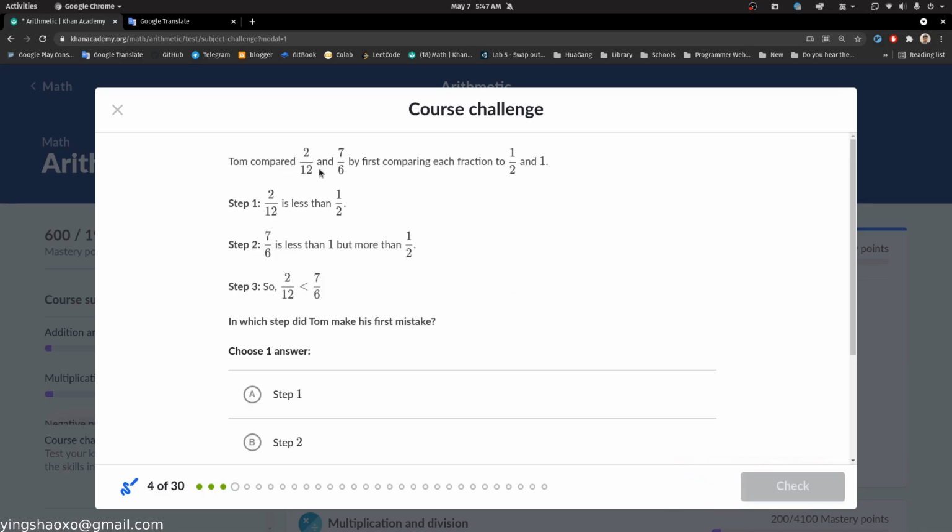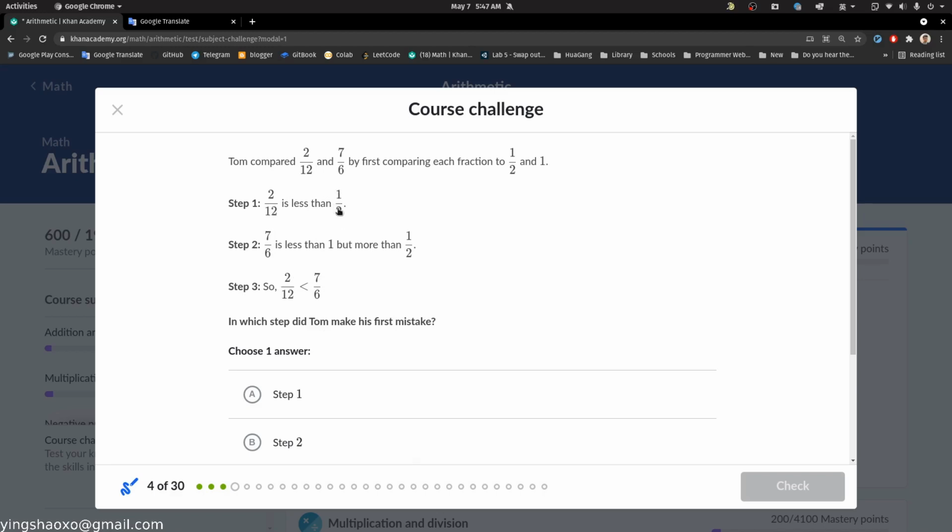Tom compared this one with this one by first comparing each fraction to 1 over 2 and 1. Step 1, 2 over 12 is less than 1 over 2. Step 2, 7 over 6 is less than 1 but more than 1 over 2. Step 3, so 2 over 12 is less than 7 over 6. In which step did Tom make his first mistake? 2 over 12 is less than 1 over 2.